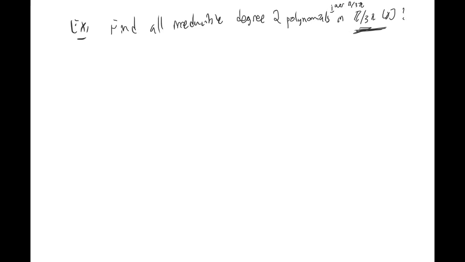I'll just use a, b, c, but where a is not 0. Agree? Because if a was 0, it would not be degree 2.